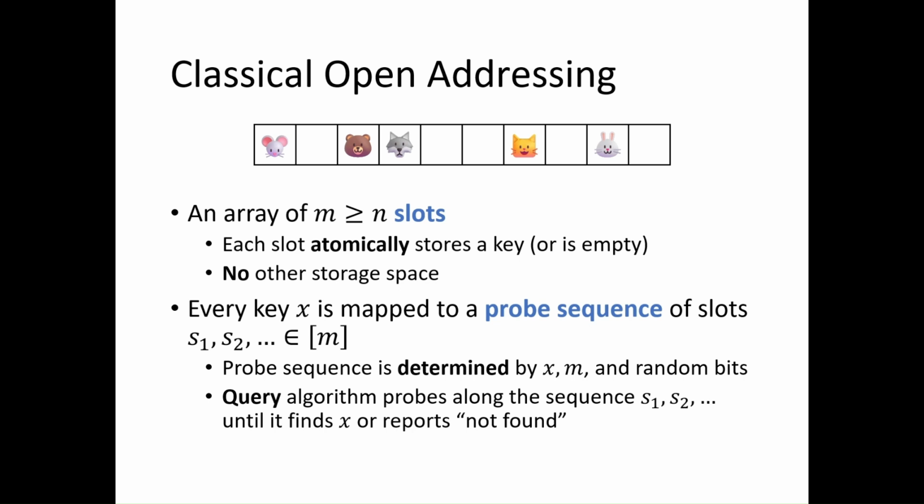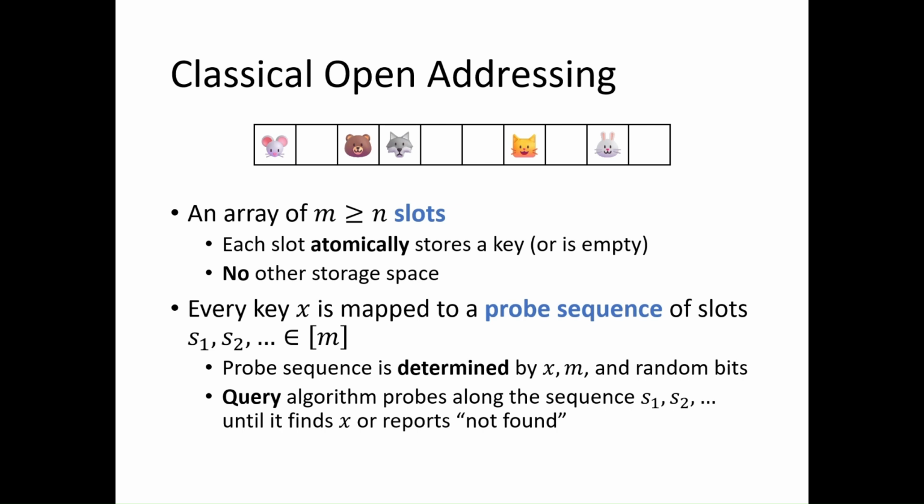It is a very wide class of algorithms that includes almost all of the hash tables that we have learned from textbooks, and also basically all of the hash tables that were implemented for real-life usage. Examples include linear probing, quadratic probing, cuckoo hashing, double hashing, and many others. These examples have two common properties, which form the definition of classical open addressing.